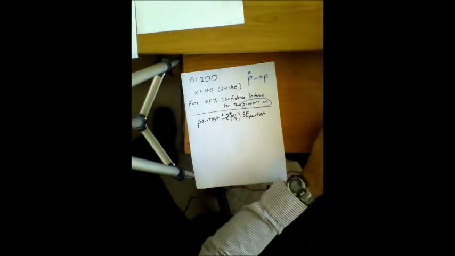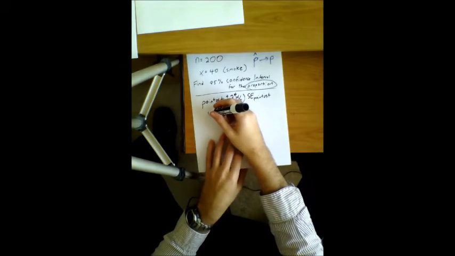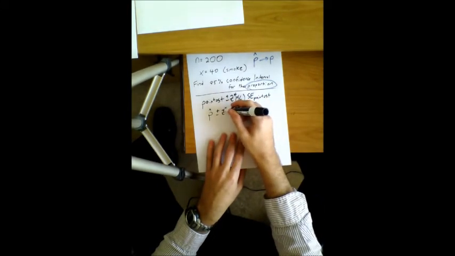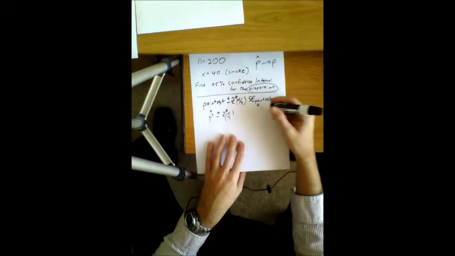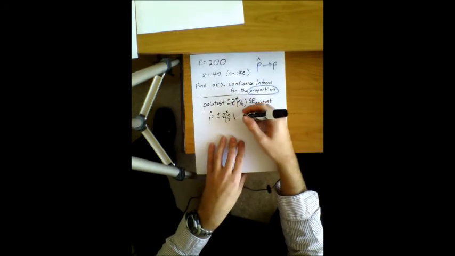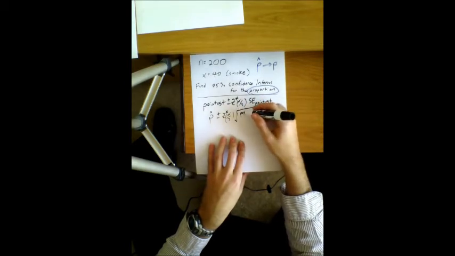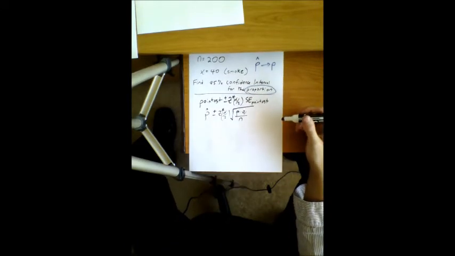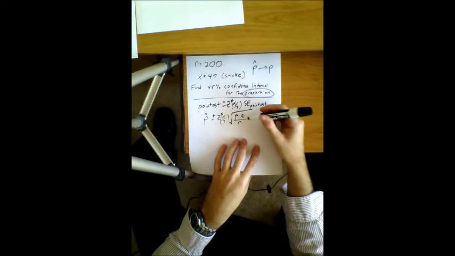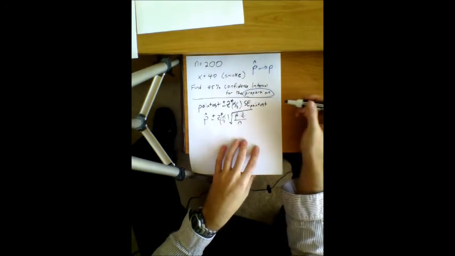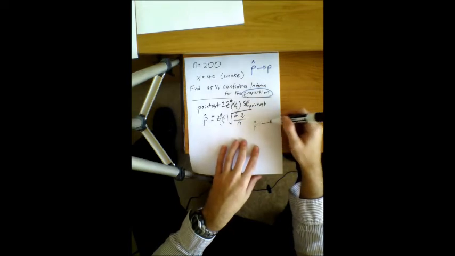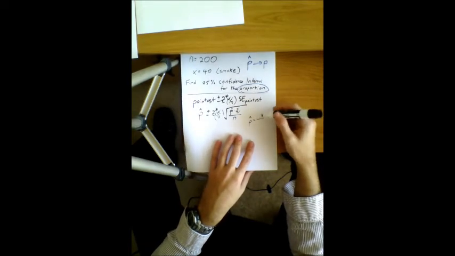So filling this stuff in, what do we get? We're interested in p hat, our point estimate, plus or minus z star alpha over 2. And the standard error for this is going to be the square root of p hat times q hat all over n. So let's see what we're given. P hat, recall, is just a simple fraction: what we're interested in over the total.